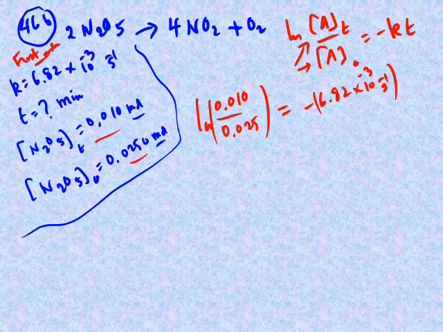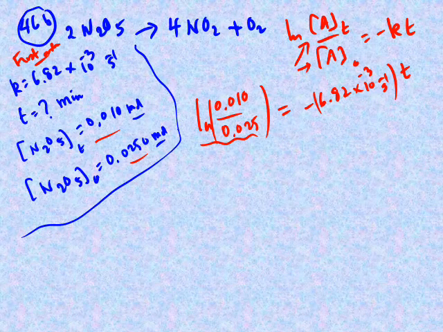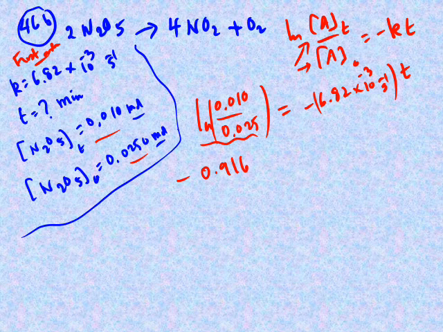And here you need to find the time, so you need to solve it for time. I'm assuming that you know this kind of calculation: first get 0.010 divided by 0.025 and take the natural log of that, and what I got by using my calculator is minus 0.916. You should double check. That's equal to minus 6.82 times 10 to the negative 3 per second times t.